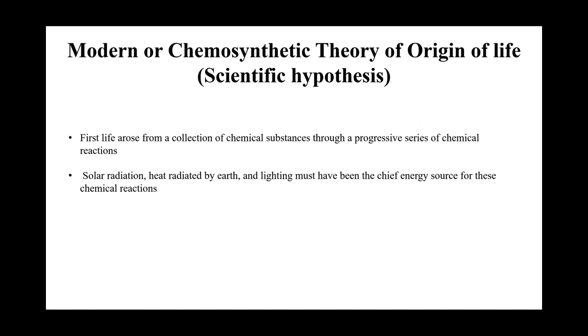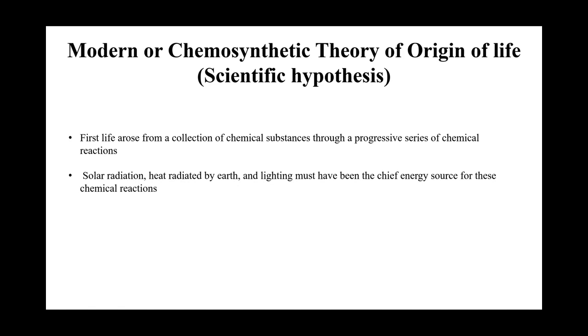So now what we actually believe is this chemosynthetic theory, or the modern theory of origin of life, which is also the scientific hypothesis, because there is proper scientific evidence of how life came to be on the planet Earth. What it means is that first life arose from a collection of chemical substances, and these had a series of different sources of energy at different points of time on the planet Earth to form different compositions.